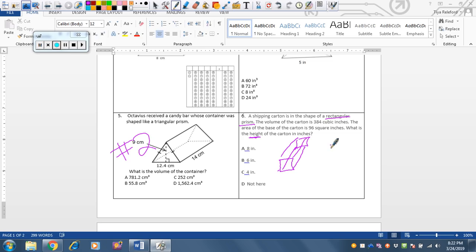So your volume formula for a prism is this. Now it says the volume is 384. The area of the base is 96. You're looking for the height. Solve that equation just like you normally do.